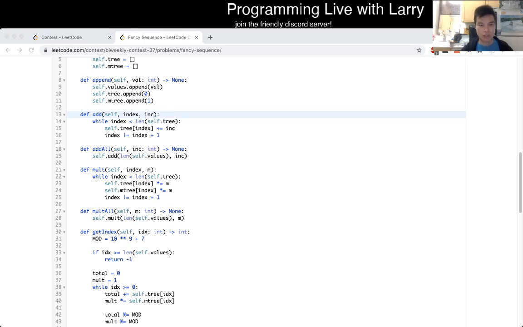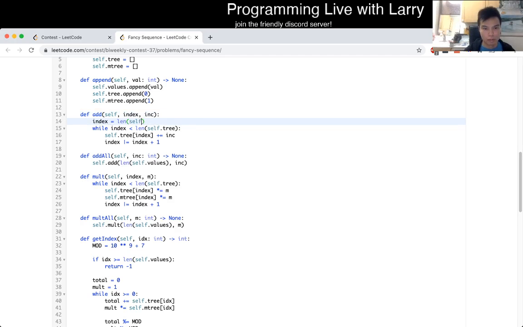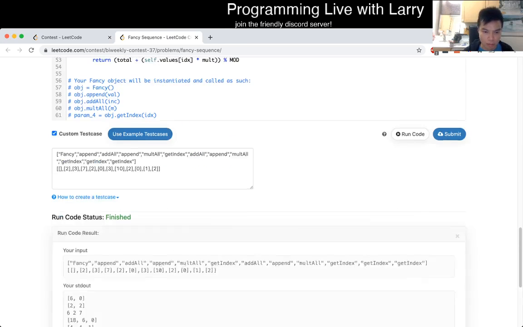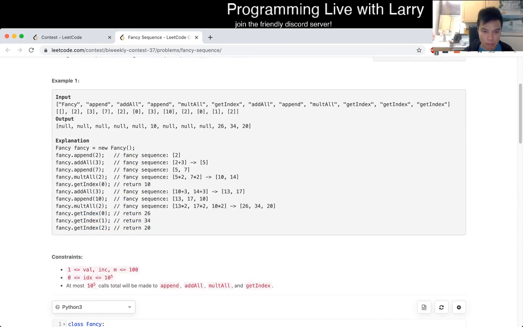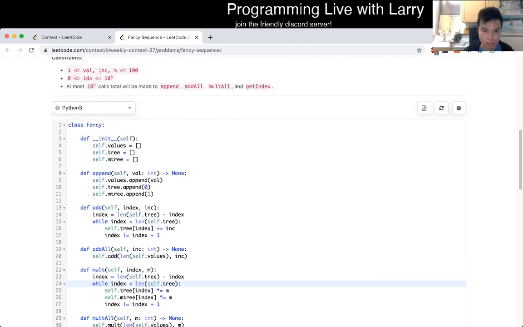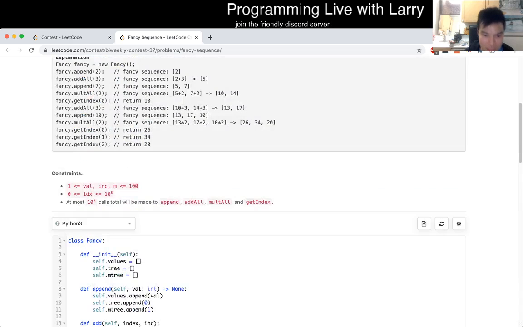Or at least this is always going to be, I did this the reversed way. I'm getting some answers. It's not the right answer though.